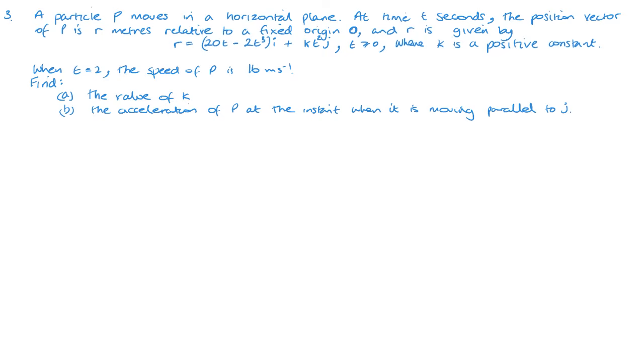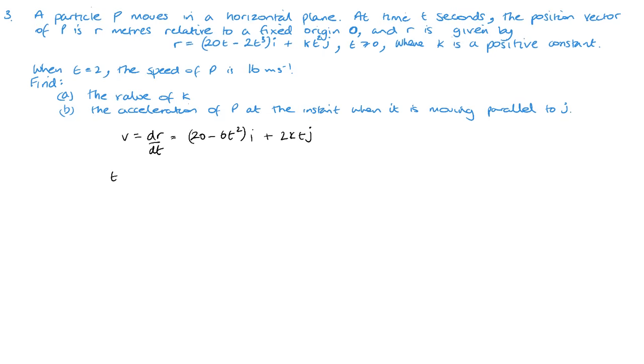Okay, so we want to find the value of k. So the velocity is dr by dt, which is going to be 20 minus 6t squared i plus 2ktj.